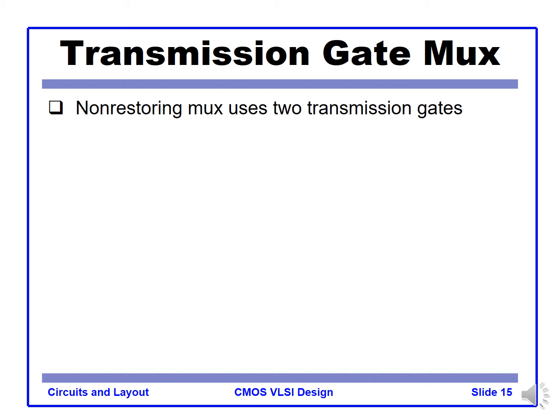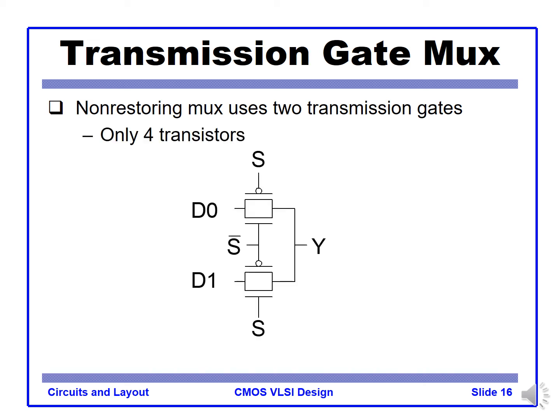We will see how we can make it in the next slide. So by having this kind of arrangement, we can implement the multiplexer. Considering we need to generate the S bar through the inverter, we need a total of 4 plus 2, total 6 transistors.